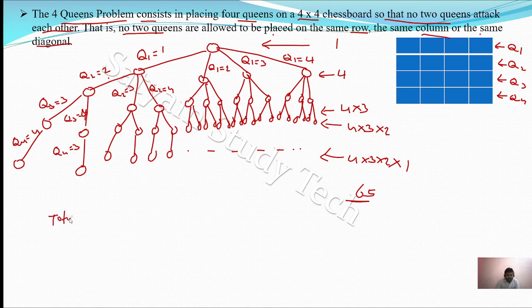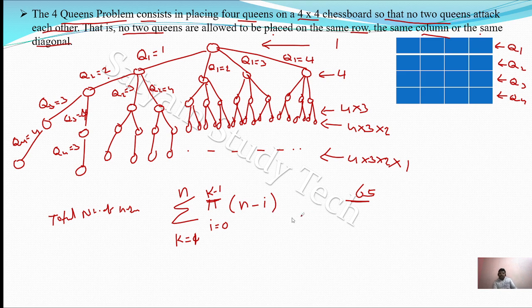The formula is the summation over k equal to 1 to n of the product over i equal to 0 to k minus 1 of (n minus i), plus 1, which equals 65 total nodes.